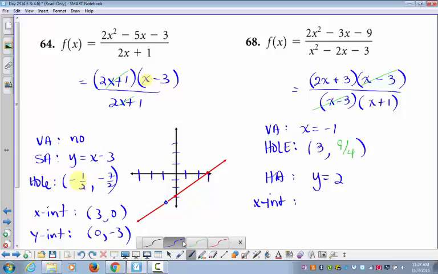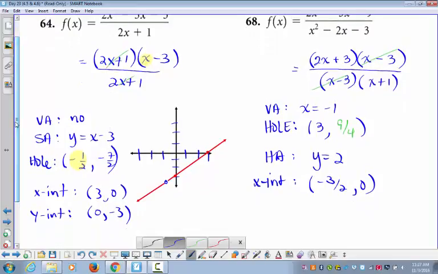Close. Negative 3 halves. Yeah, negative 3 halves. Right. Good. So we set the numerator factor to 0.